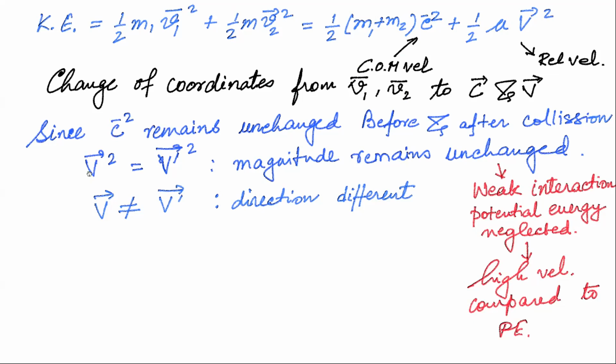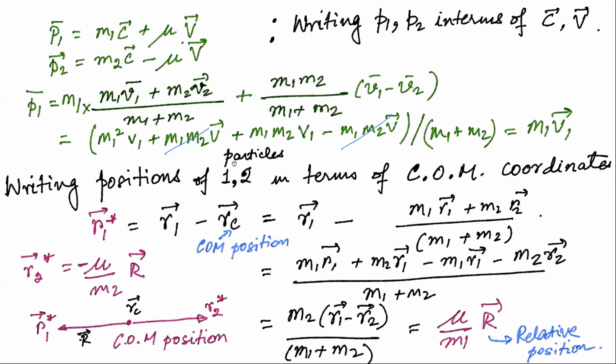So therefore, if the relative velocity of the two particles was v vector, and after the collision the relative velocity is v dash vector, the magnitude will remain unchanged, but the direction can be different. So vector v is not equal to vector v dash, but the magnitude remains unchanged, right? That's the idea.